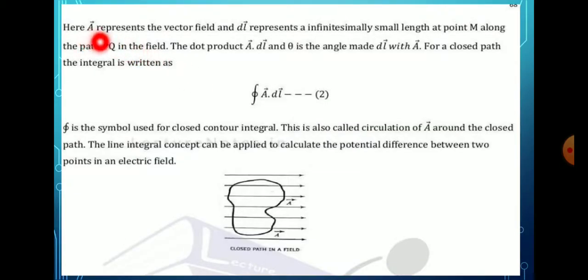Here A bar represents the vector field and dl represents the small length at the point M along the path PQ in the field. For the closed integral, it can be written as closed integral A bar dot dl, that is equation number 2. Here this is the closed path in a field.